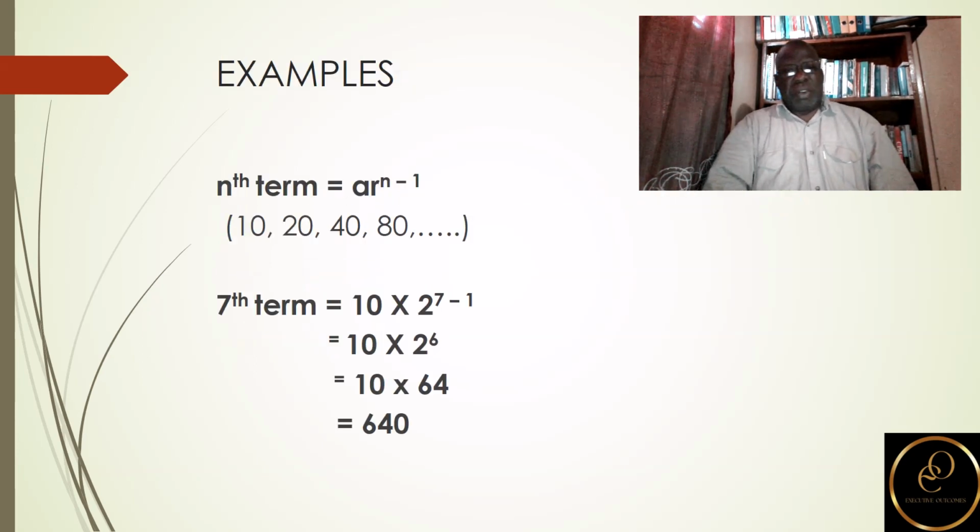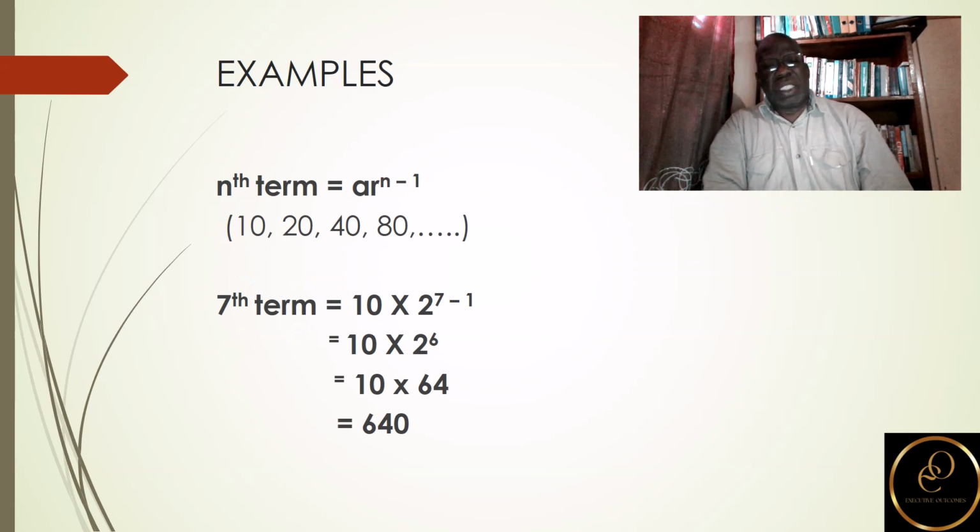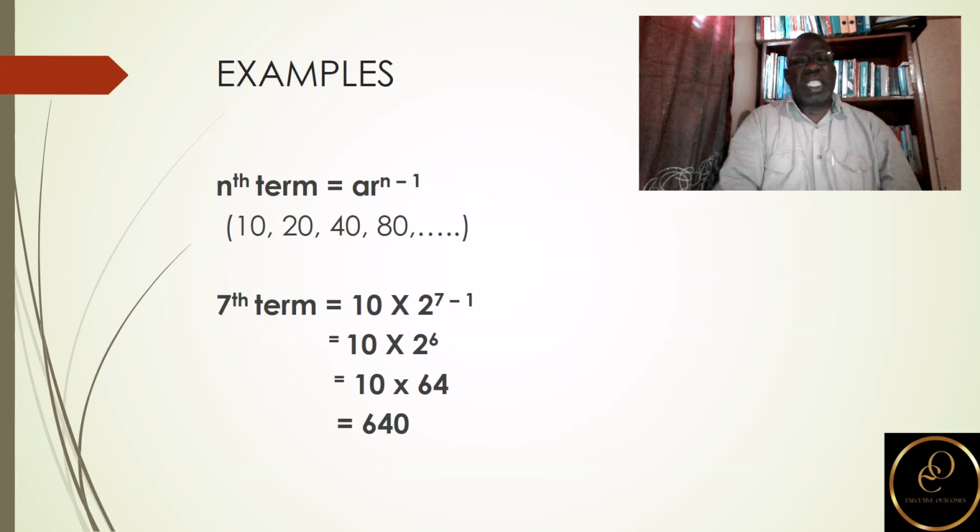So like before, we can determine the nth term in the geometric series. Let's look at the example itself: 10, 20, 40, 80. We have the first term, which is 10, multiplied by the common ratio, which we have determined as 2.